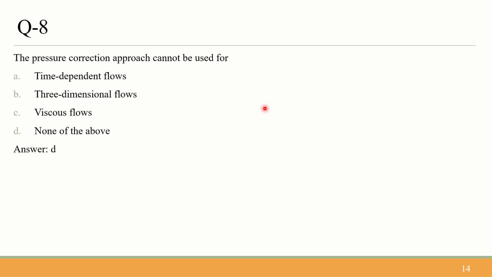Question 8. The pressure correction approach cannot be used for: time dependent flows, three-dimensional flows, viscous flows, none of the above. Pressure correction approach is an approach for getting solution for the incompressible Navier-Stokes problem.